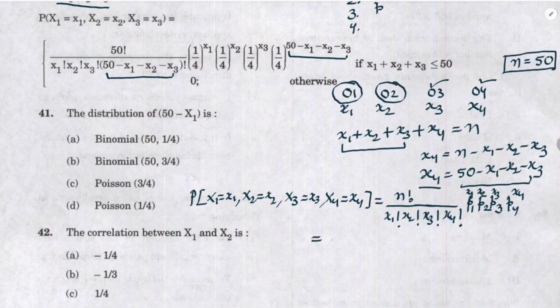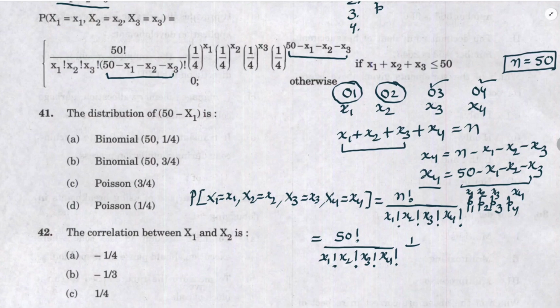Now in the place of n we have 50, we can write 50. Then x1 factorial, x2 factorial, x3 factorial, x4 factorial. Now the probability of occurring each type of outcome is the same, which is equal to 1 by 4.